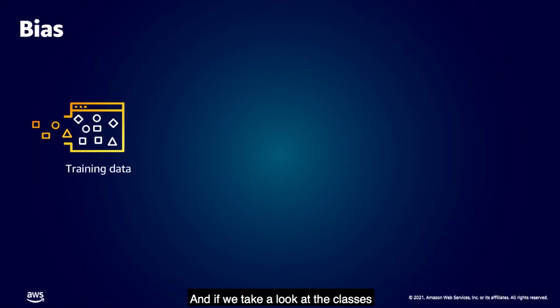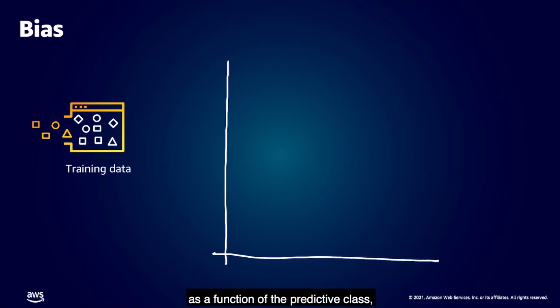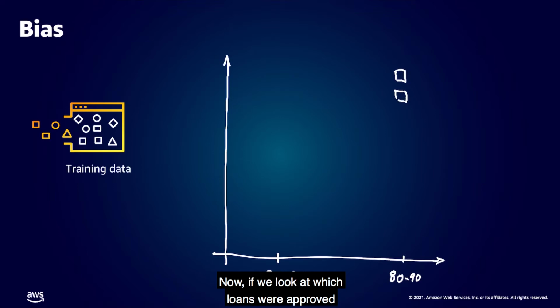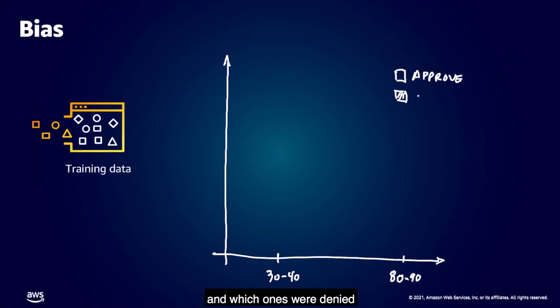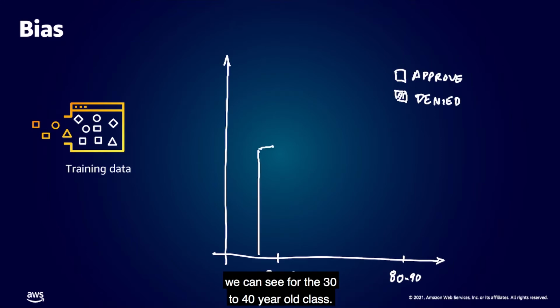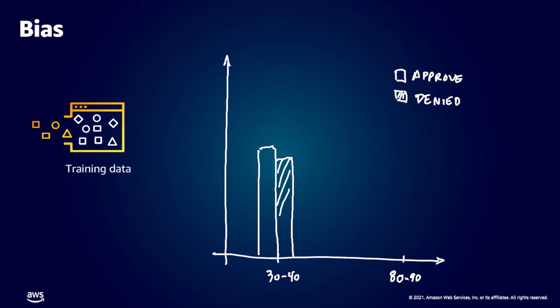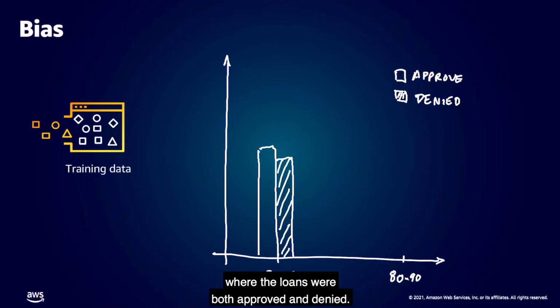If we take a look at the classes as a function of the predictive class, using the same age bin examples of 30 to 40-year-olds and 80 to 90-year-olds, and look at which loans were approved and which ones were denied, and if we normalize these data sets, we can see for the 30 to 40-year-old class, we have a roughly even distribution of examples in our training data set where the loans were both approved and denied.